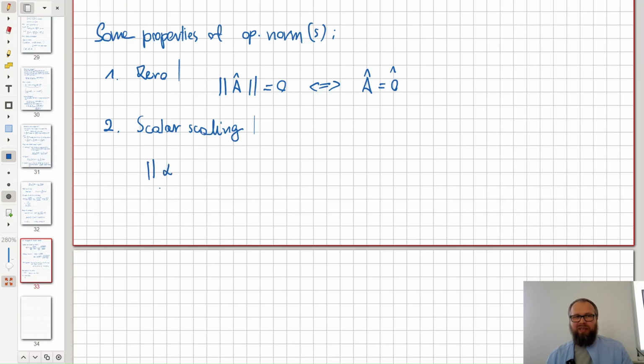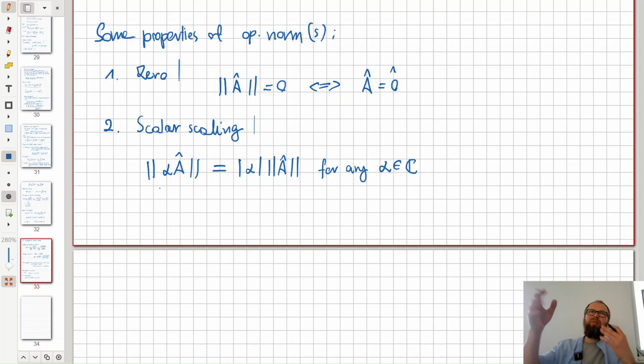So you have some scalar alpha times A, and this will be equal to the absolute value of the scalar times the norm. So scalars are not important for any complex alpha. You can just pull them out or pull them back, depending on what you want to do.